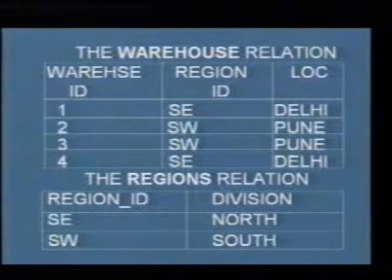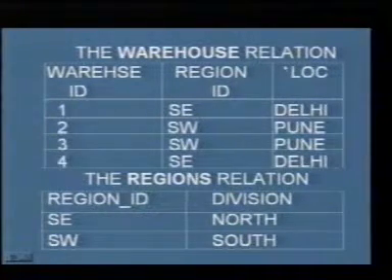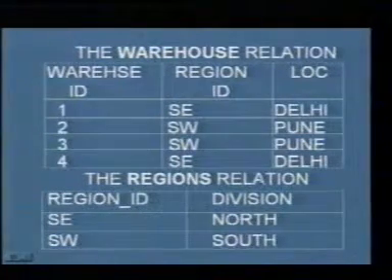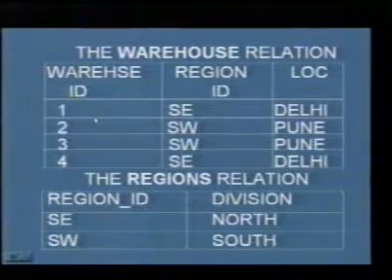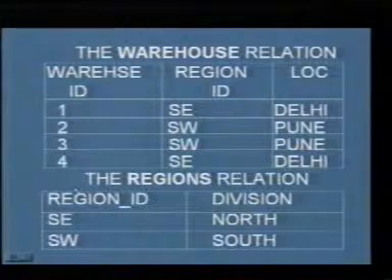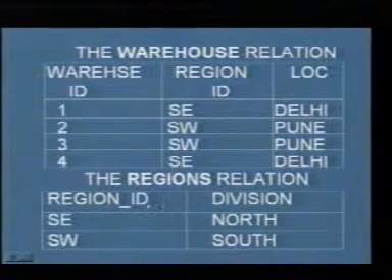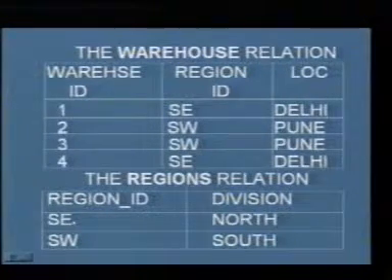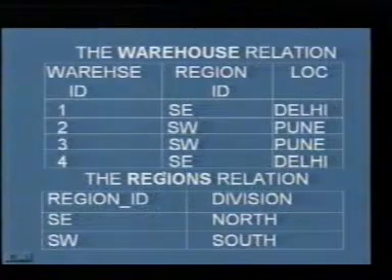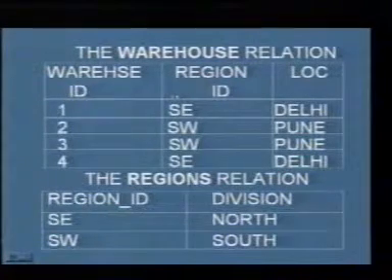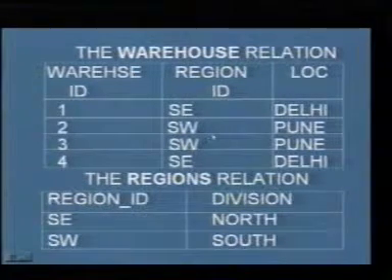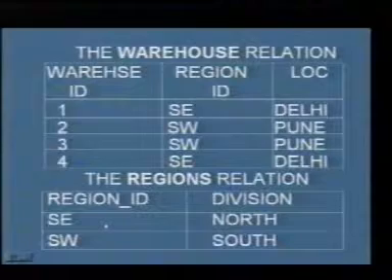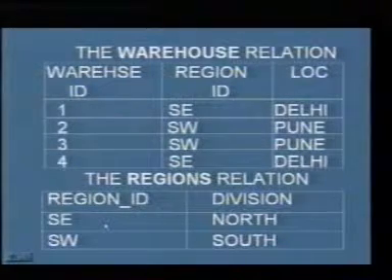Here we see the warehouse relation and the regions relation. In warehouse, the warehouse ID is the candidate key or the primary key, and in the regions relation, the region ID is the candidate key. In the warehouse relation, the region ID is known as the foreign key because it matches the values of the candidate key region ID of the regions relation.